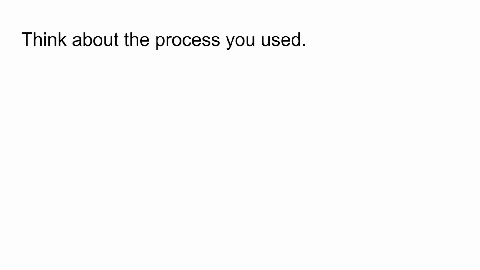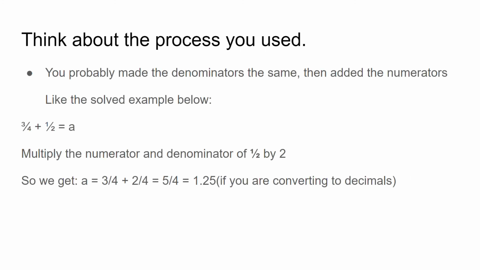So while you are adding them, think about the process that you use. You probably did something along the lines of making the denominators the same by multiplying both the top and bottom of the fraction, and then you added the numerators. So you probably did something like this. In this instance right here, I did example A from the previous slide.